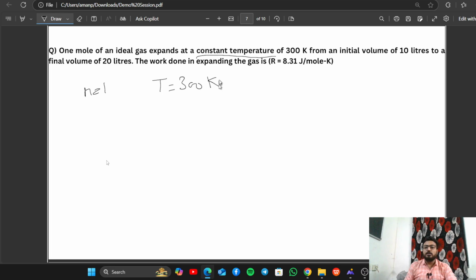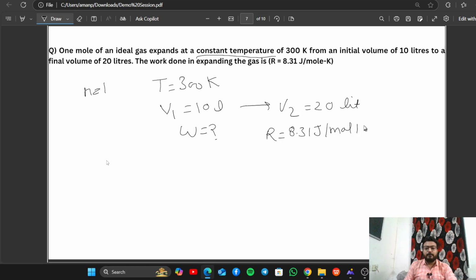The process goes from initial volume 10 liters to final volume V2 equal to 20 liters. We need to calculate the work done, and R is given as 8.31 joule per mole Kelvin.